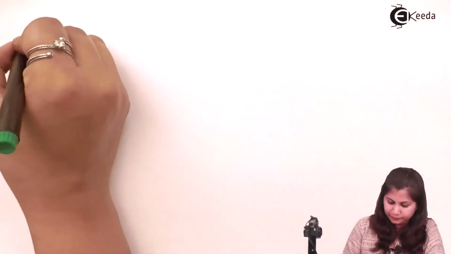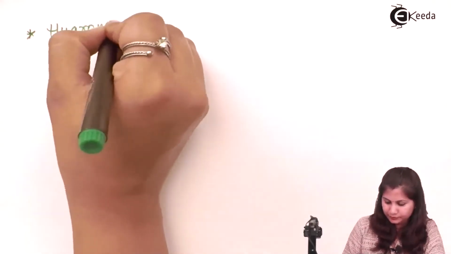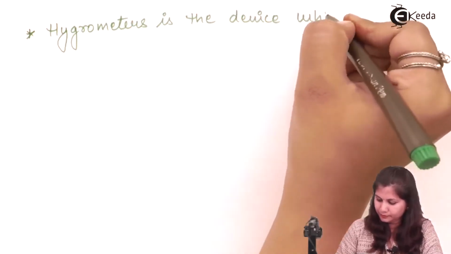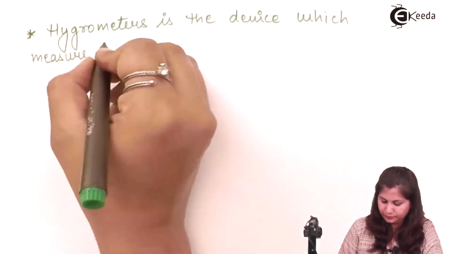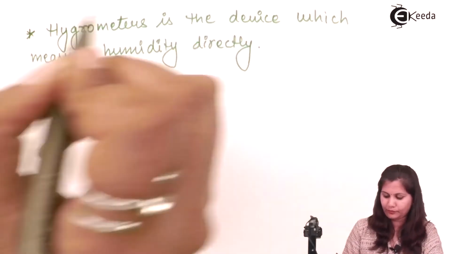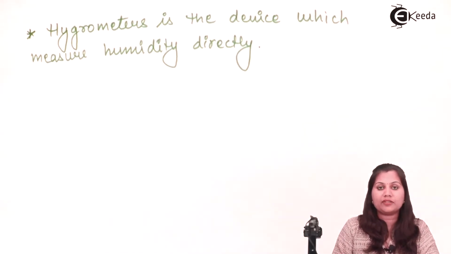The device which is most commonly used for the measurement of humidity is known as a hygrometer. A hygrometer is the device which measures the humidity directly. It gives us the readings of the humidity, and that humidity is the relative humidity of the air.